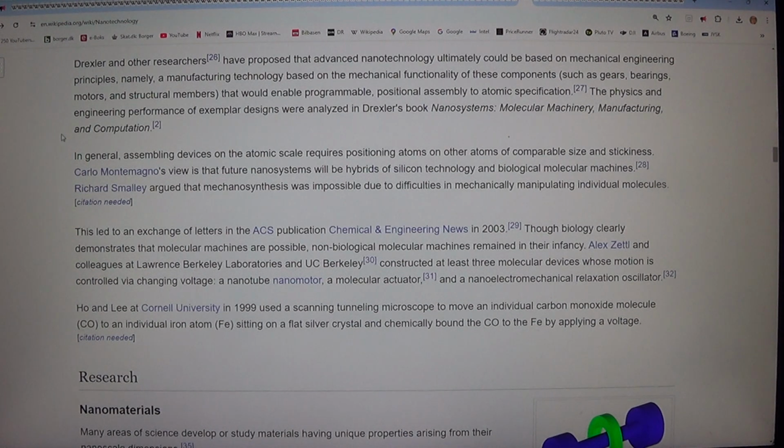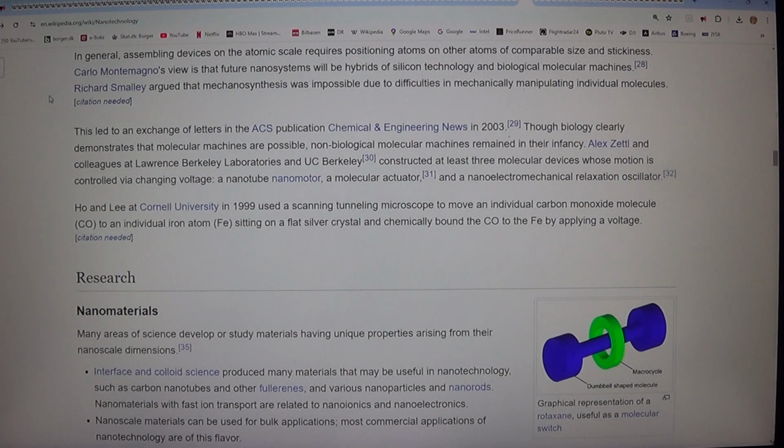The physics and engineering performance of exemplar designs were analyzed in Drexler's book Nanosystems: Molecular Machinery, Manufacturing, and Computation. In general, assembling devices on the atomic scale requires positioning atoms on other atoms of comparable size and stickiness.